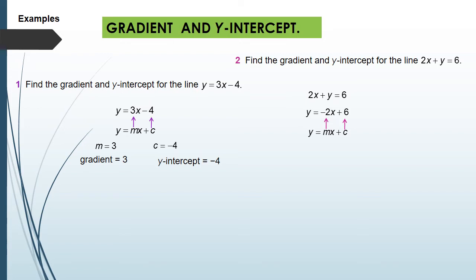Making y the subject, y equals minus 2x plus 6. There we see that m is minus 2 and c is 6. Therefore, our gradient will be minus 2 and our y-intercept will be 6.